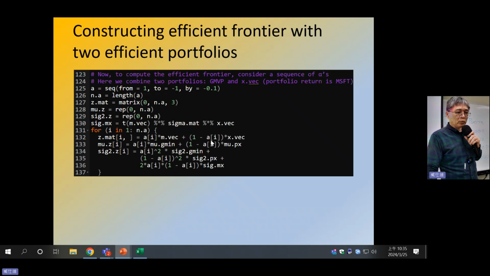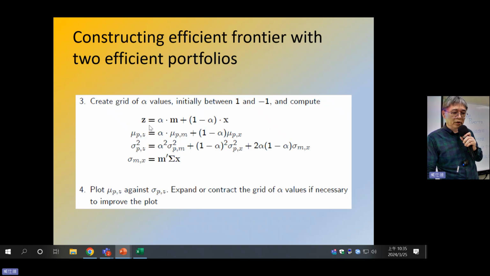Okay, so now what we can do here is just run the equation in the following. So I think the one that we can be sure about is the sigma dot mx. So this is about the MVAC. Okay, we can go back to the equation here. So what we are doing here is, you can see this is M times sigma times x.